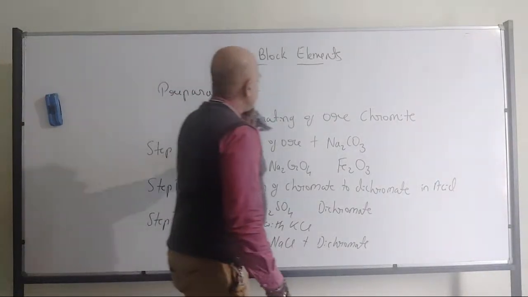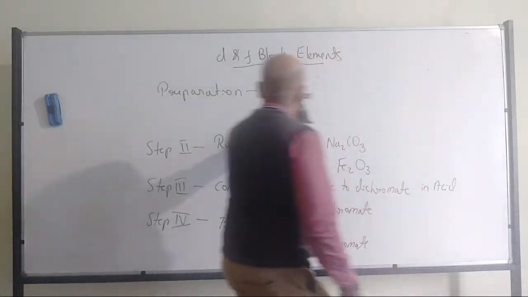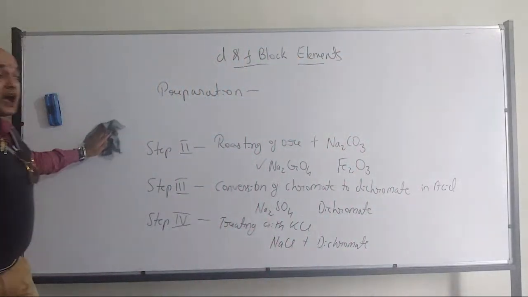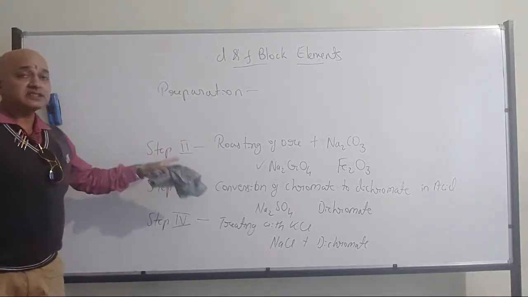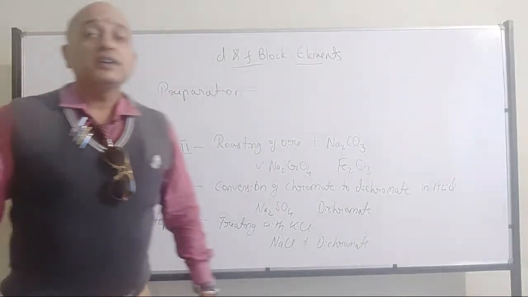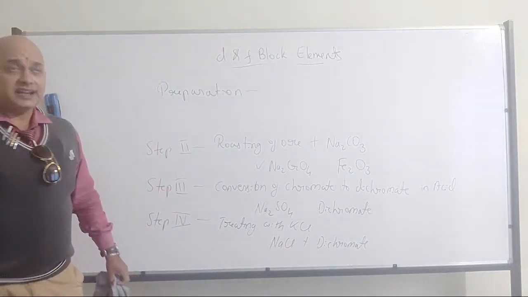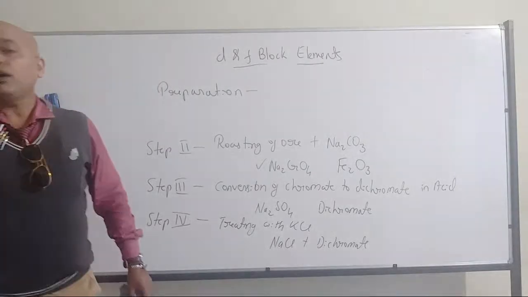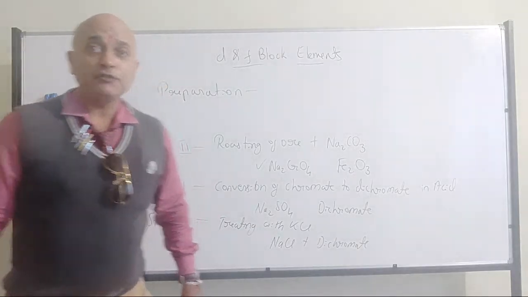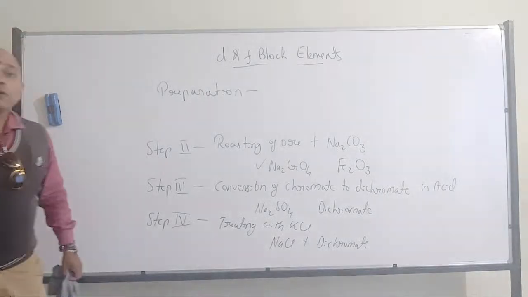Now this first step you may write or you may not write, anything is fine, but you have to mention one sentence that the rest of the steps are compulsory. So in that case, the first sentence you should write is: commercial preparation of potassium dichromate or sodium dichromate will be from chromite ore.